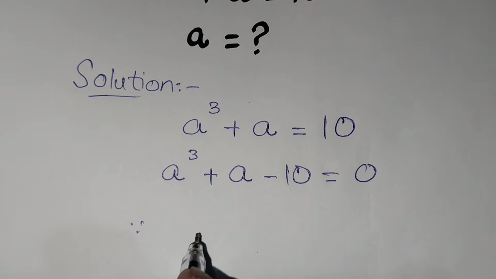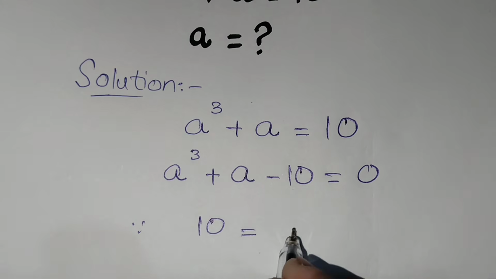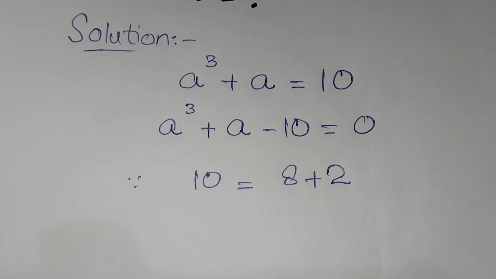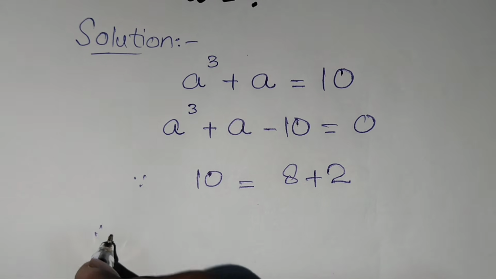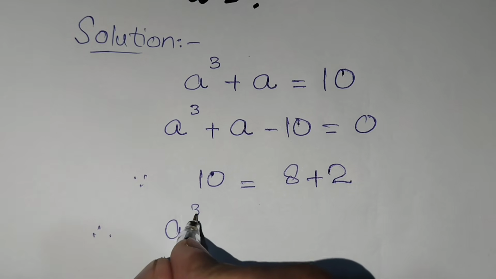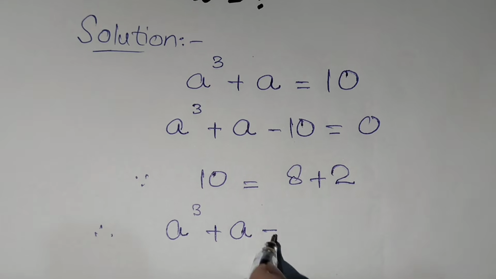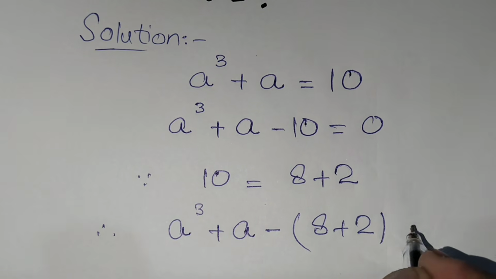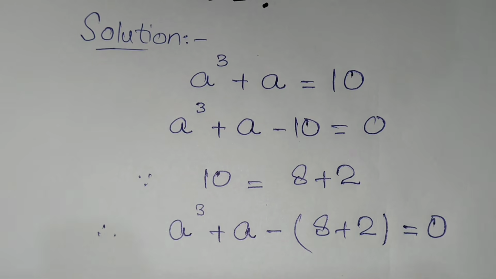Can we write this 10 as 8 plus 2? So our equation now becomes a cube plus a minus bracket 8 plus 2 is equal to 0.